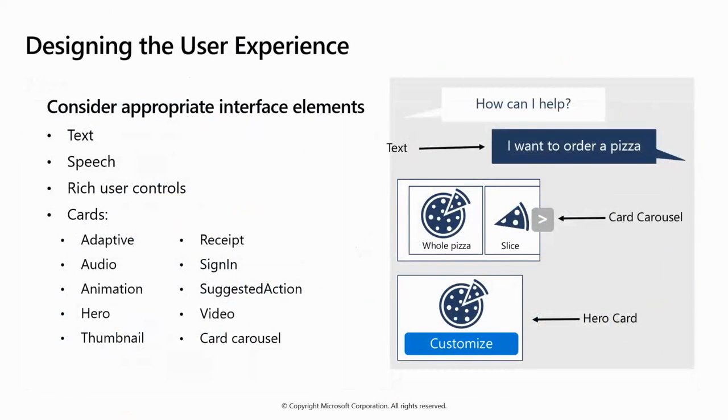Now, how you present the bot and its parts to the user is an important part of the user experience. You can make a bot with the following features. Text: this is a typical lightweight interaction that involves showing the user text and having the user respond with text input. We have buttons, giving the user a list of buttons to choose from in a bot. For example, when ordering pizza, you might use buttons to show different pizza sizes.